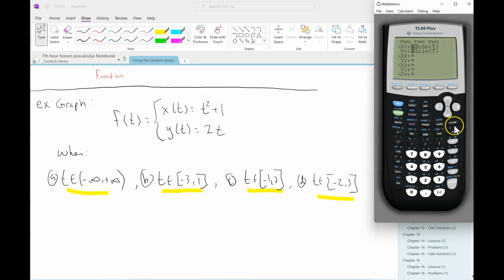So if I want to graph this, I'm going to put in place of X1 of t, t² + 1. If you press your variable button, which is right next to the green alpha key, you'll notice it gives you a t automatically because the independent variable in parametric functions is t. So you don't have to do anything different once you've changed your mode to get your t in there.